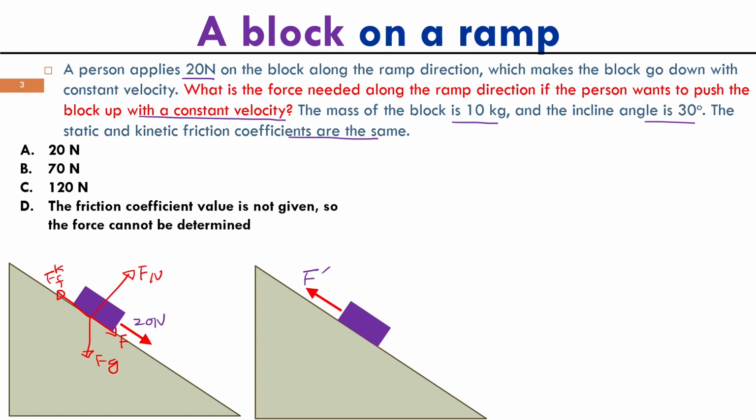And we can do the same thing as we have done before. We can construct a coordinate system and find the net force. If we use this direction as my positive x and the direction perpendicular to the ramp as my y direction, I can get my net force. This angle is theta, so this angle is theta. Let me first write down the net external force along the x direction.